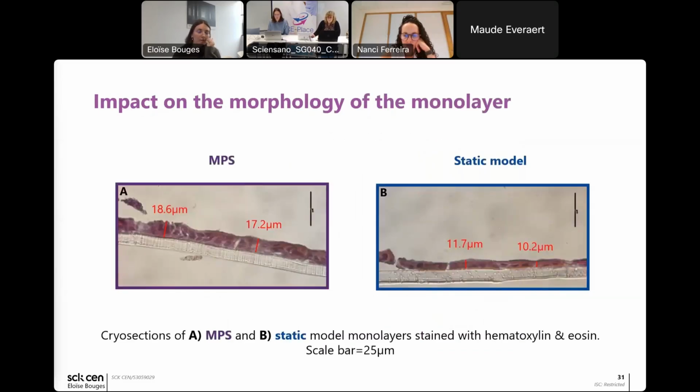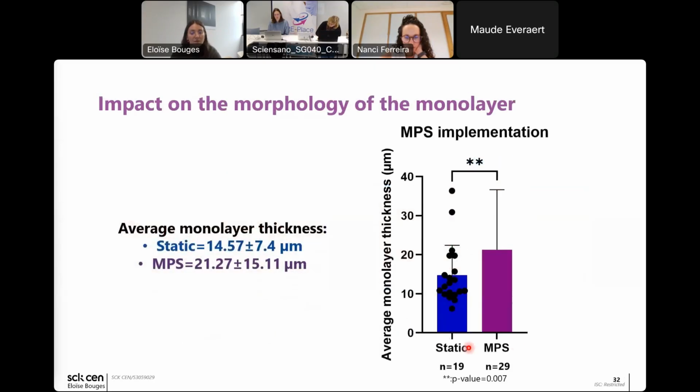Another thing we looked at to characterize what difference adding a flow creates is the morphology of the monolayer. With the cryosections that you can see here, we can already see that there is a difference in the thickness of our monolayer. We calculated the average of those thicknesses, and we noticed that there was indeed a significant increase in the average thickness of our monolayers.